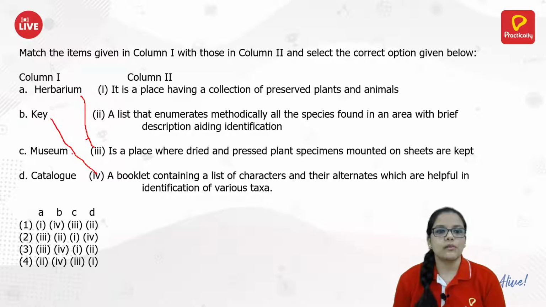Museum is a place having collected plants and animals, and catalog is a list that enumerates methodically all the species found in the area with brief description. So A3, B4, C1, B2. Answer is 3.